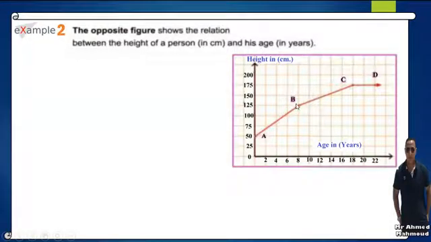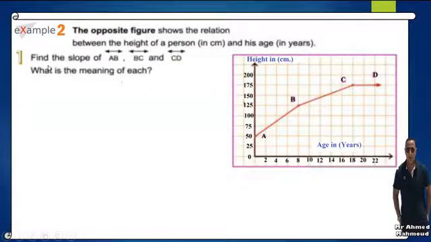B represents 125 centimeters. C represents 175 centimeters. D also represents 175 centimeters.